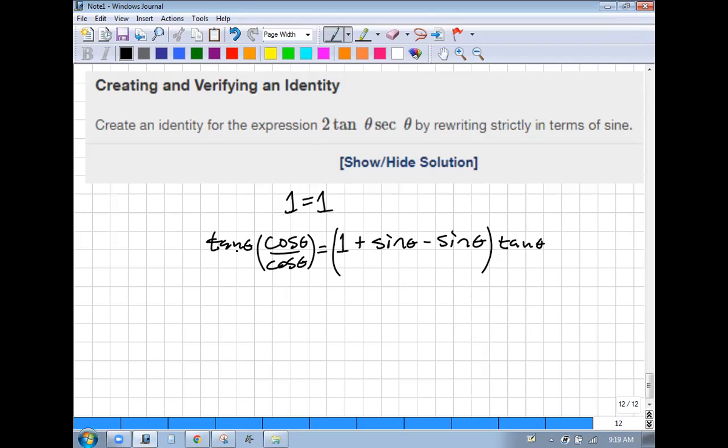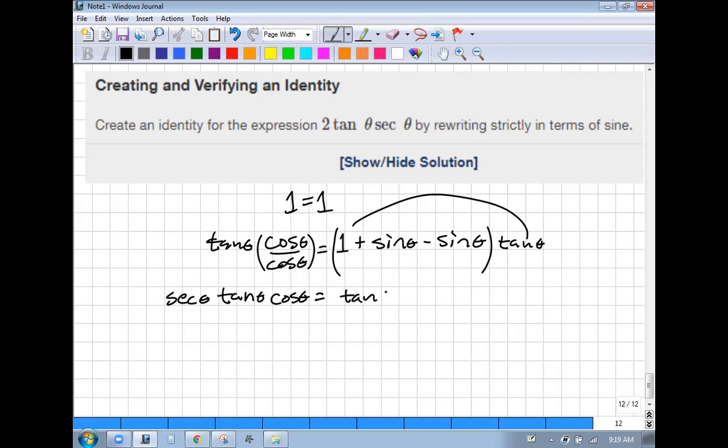And so now I have here, I'm going to take this over cosine here. This is tangent, and then I have cosine. I'm going to rewrite this 1 over cosine as secant. And over here, let's see, I'm going to distribute this tangent.